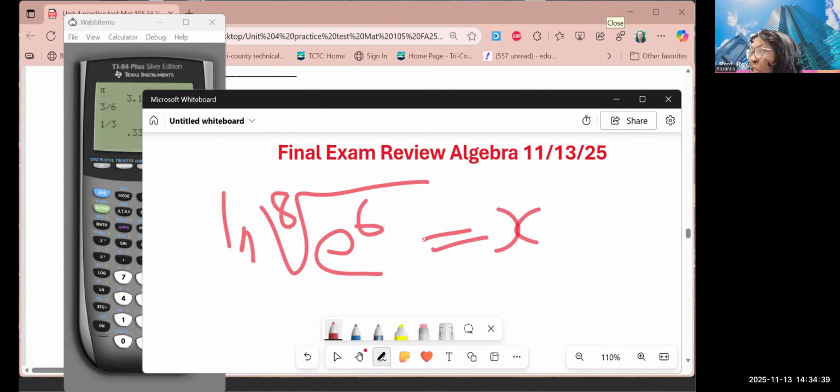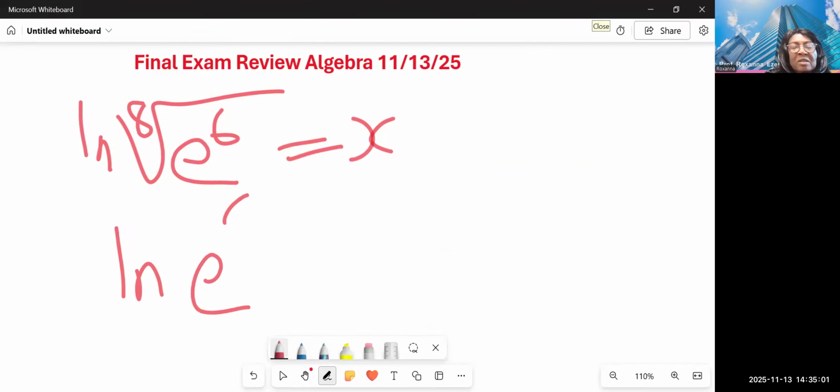In other words, I will introduce a variable. Then I rewrite: natural log of e to power 6/8. Remember that 8 is the root. The root is always in the denominator. Do you remember? It's equal to x.